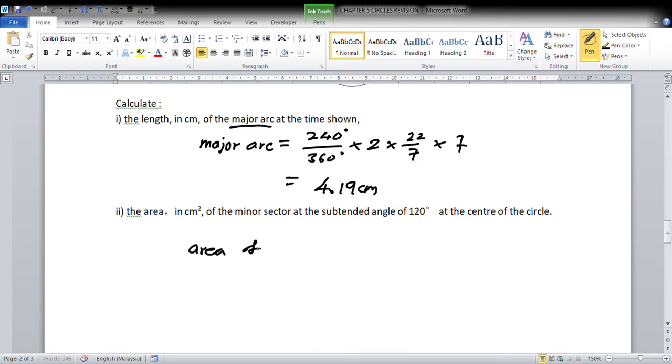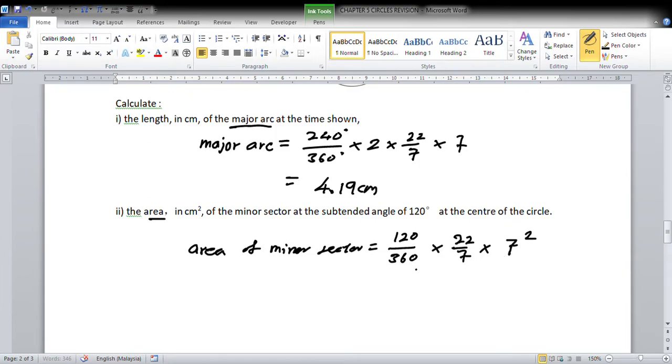Area of minor sector is 120 divided by 360 times, because for area we use pi r square, the area of circle.